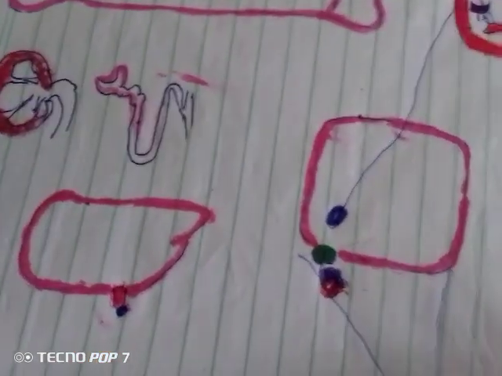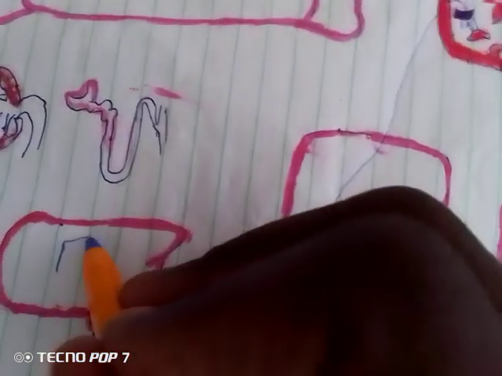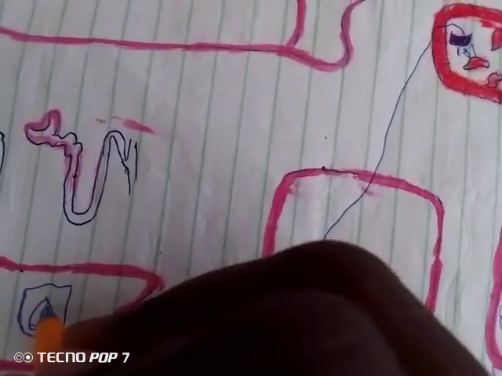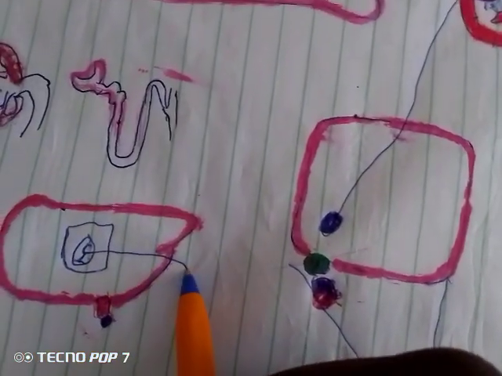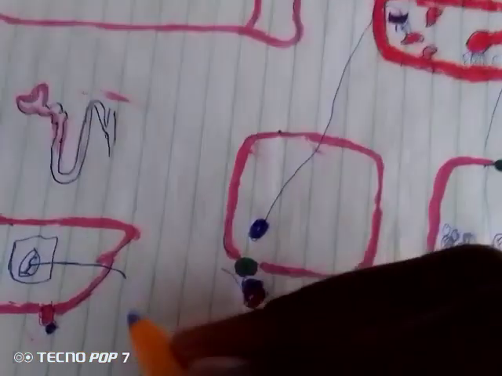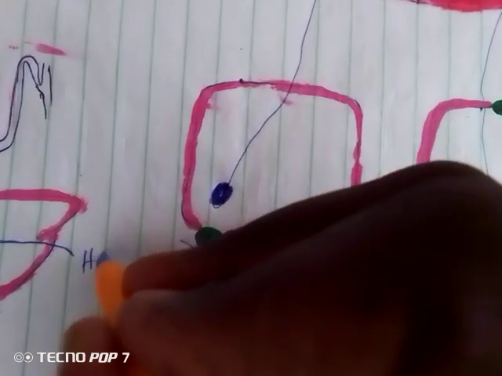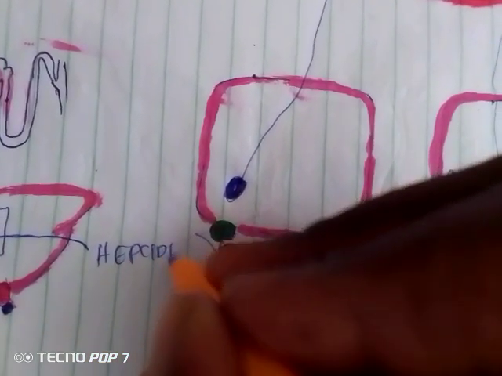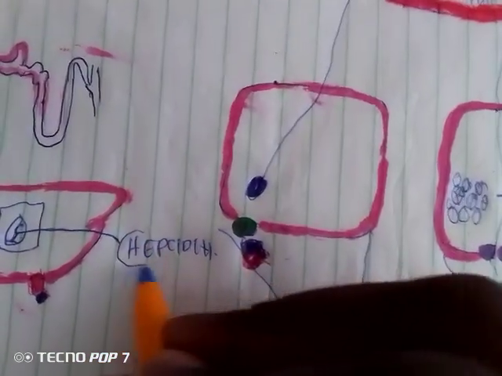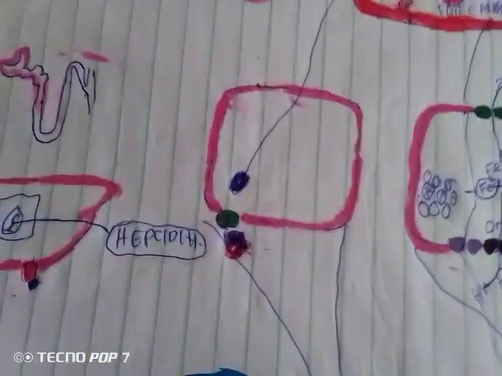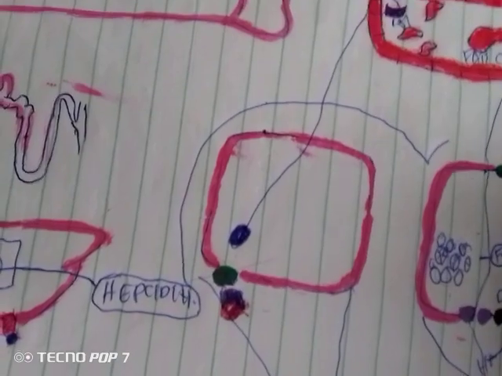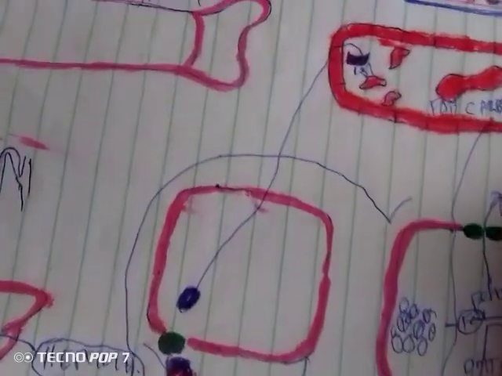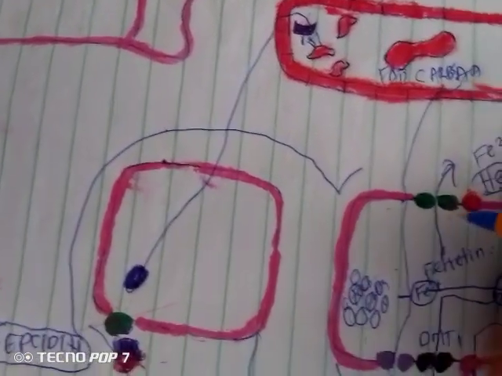After binding, the hepatocytes, remember the liver has hepatocyte cells, produce hepcidin. This is very important. This regulates the activity of this channel.